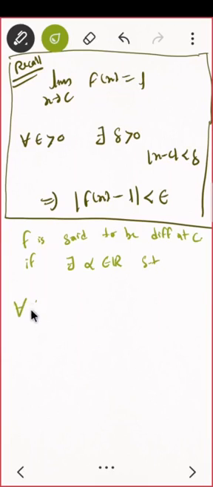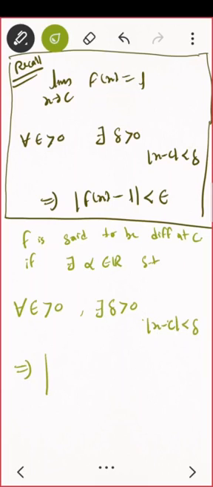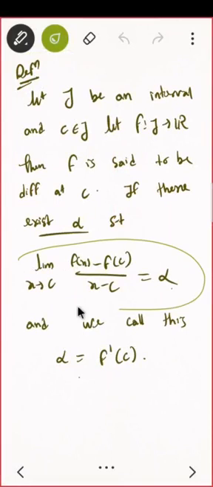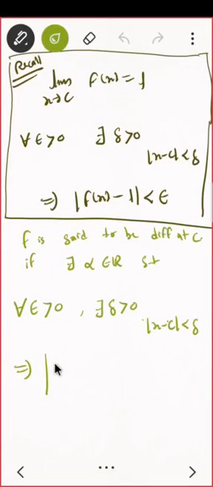For all epsilon positive, there should exist a delta positive such that mod of x minus c must be less than delta. It should imply what? What is the value of the limit? This one, right? So in the place of f of x I am having this. That means it should be mod of f of x minus f of c upon x minus c minus alpha must be less than epsilon. That's it.